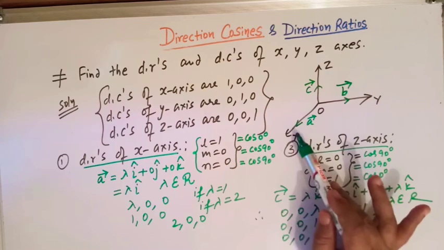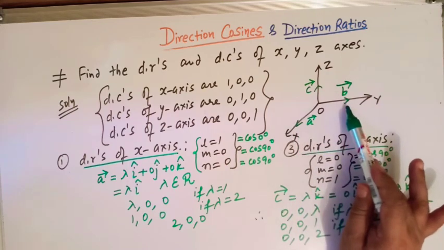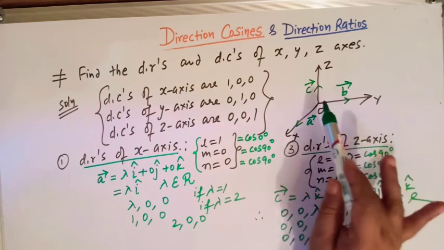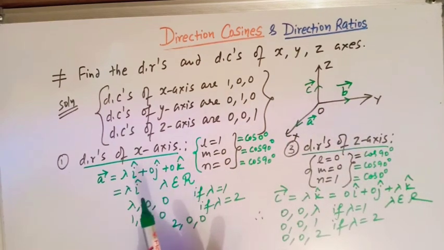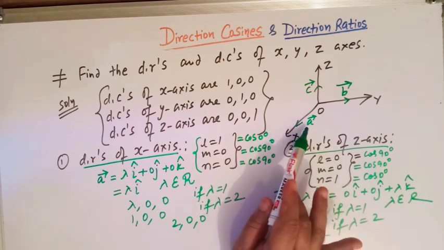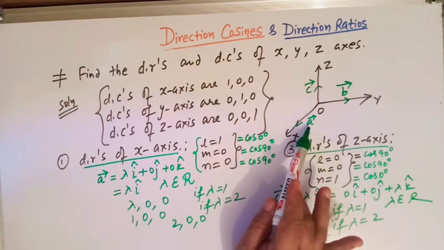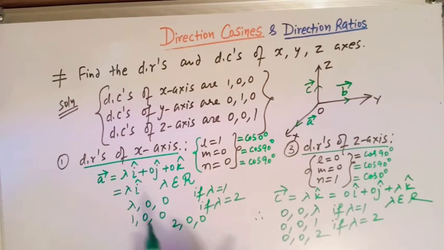So here we have taken vector A along x-axis, vector B along y-axis, and vector C along z-axis. Clear? So what we are saying? We are saying that the DRs of vector A are lambda, 0 and 0. Clear?